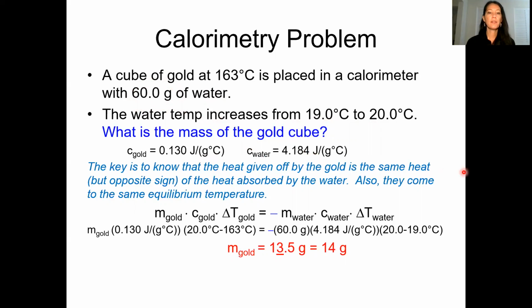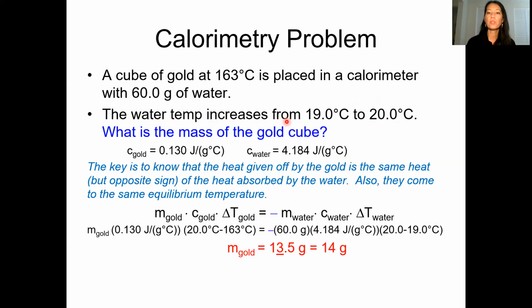Okay, so again, the key is to know that the heat given off by the gold is the same heat, the opposite sign, of the heat absorbed by the water. So you equate the MCΔTs, but have one minus sign in here. Also, they come to the same equilibrium temperature. So M of gold is an unknown that we're trying to solve for. I just plug in the specific heat of the gold, and then T final for both is 20 degrees.